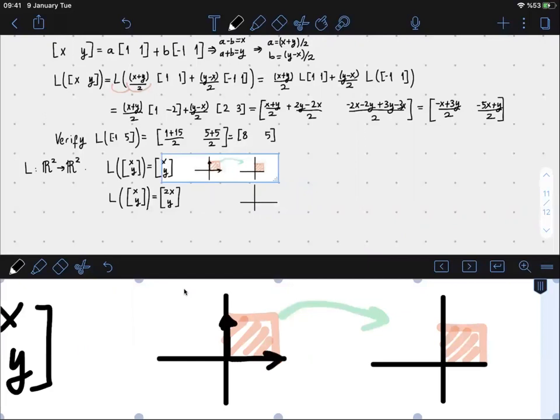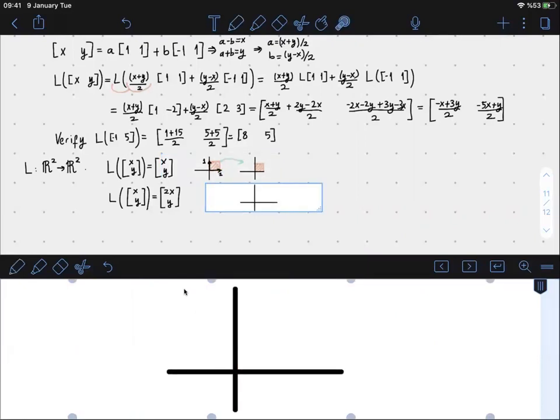Suppose this is the unit vector. So this is 1, and this is also 1. This is the 1 0 vector, and the other is the 0 1 vector. So it will take the 1 0 vector to 2 0, right? It will increase its length by 2, and it will send 0 1 to 0 1.